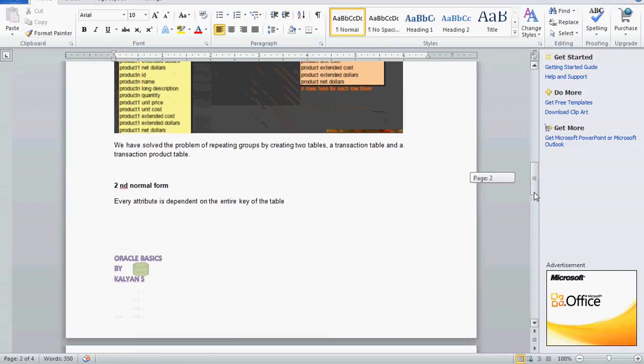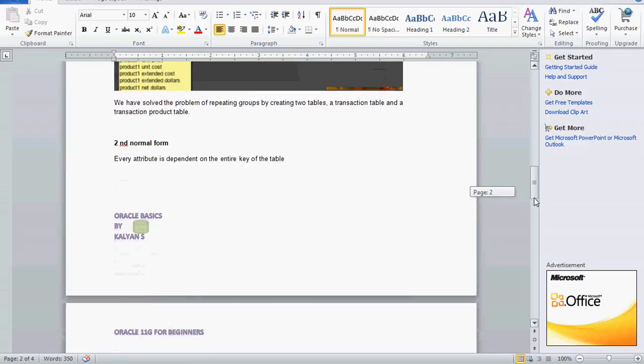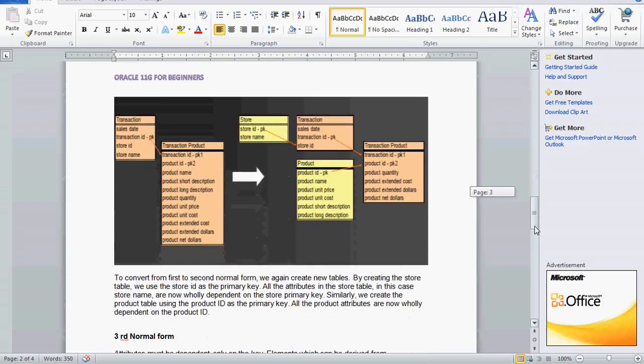How are we going to achieve the second normal form? The second normal form rule is that every column, that is attribute, is dependent on the entire key of the table. That means to convert from first form to second form, again we need to create new tables. We are going to separate it into store table, product table, transaction table and transaction product table.